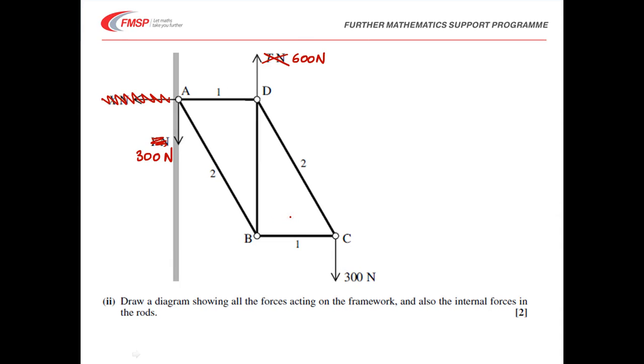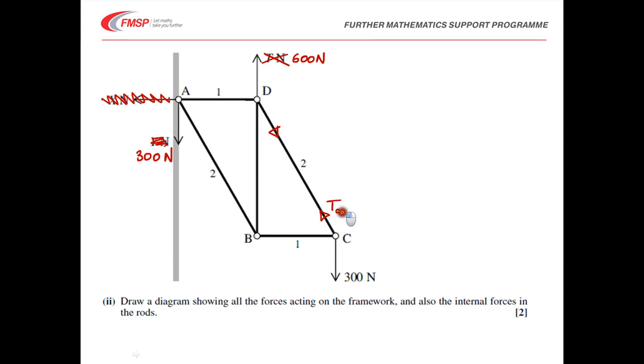So now we need to look at the internal forces on the diagram, and this is easiest done by just taking each of the vertices of the framework one at a time and applying a little logic. So I'm going to start down here at C. Now at C, I know that I have this downward force, the weight of 300 newtons, and that means that I have to have some kind of tension in rod CD in order for there to be an upward force at C to balance that weight downwards.